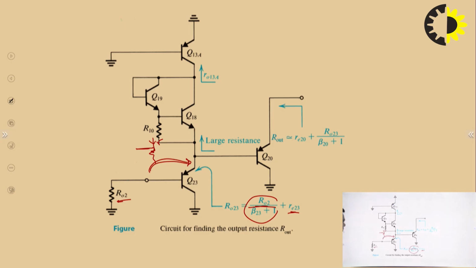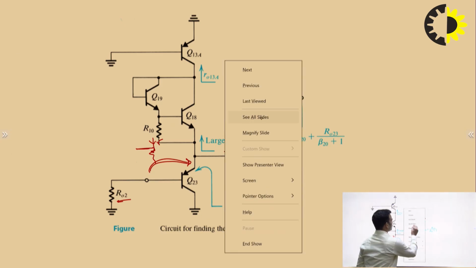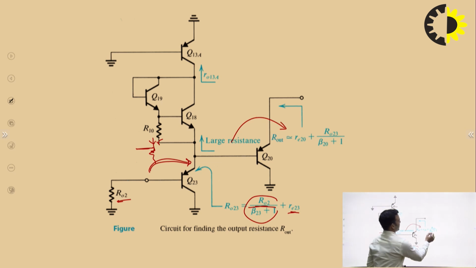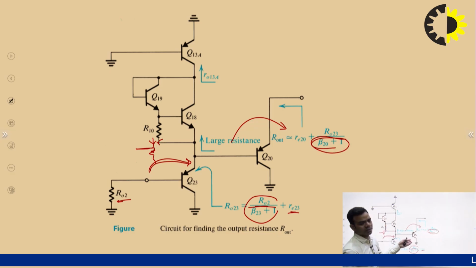Now from this, the resistance will become the output resistance of Q23. And from the input of Q20, if you move towards the output of Q20, this resistance gets divided by beta plus 1. As this is transistor 20, it should get divided by beta 20 plus 1.